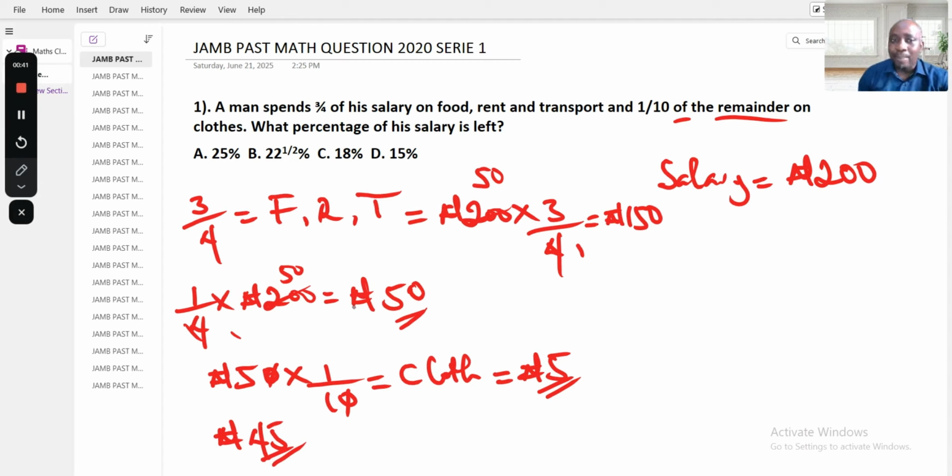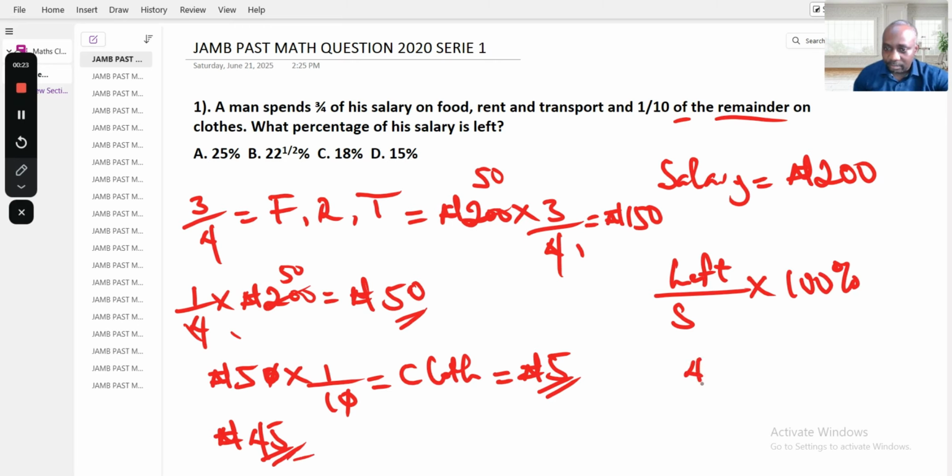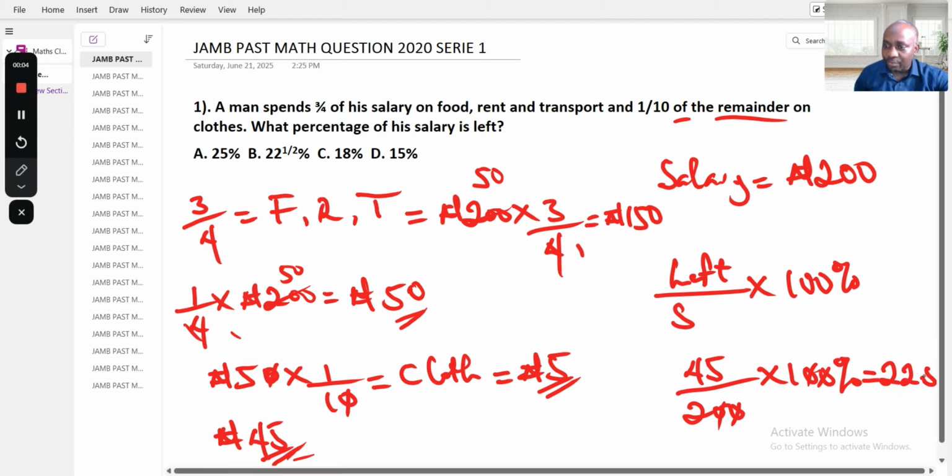Now the question does not care about the amount; it cares about the percentage that is left. The formula to calculate the percentage is what is left over the salary, multiplied by 100 percent. What is left is 45 naira. The salary we assumed is 200. Multiply by 100 percent. Cancel the zeros. 45 divided by 2 gives us 22.5.